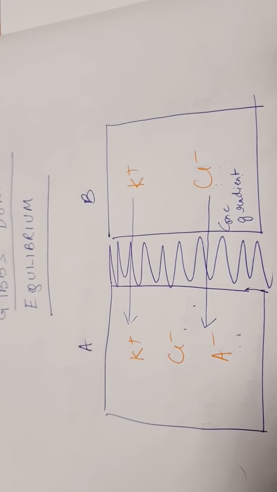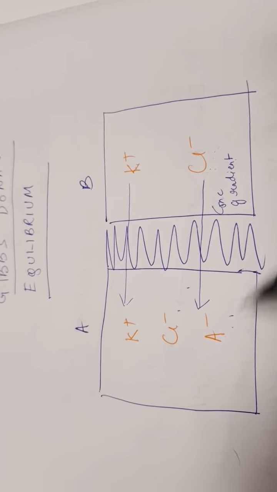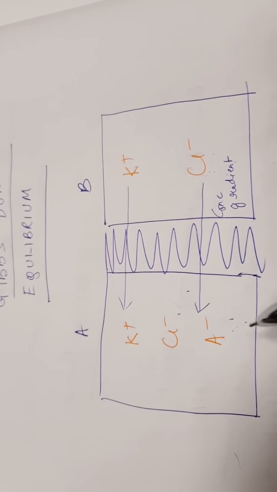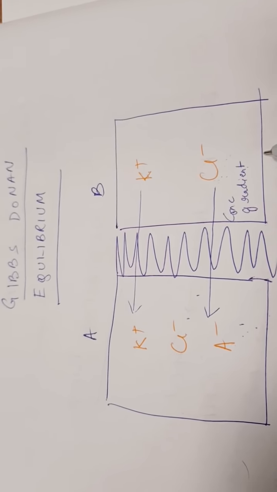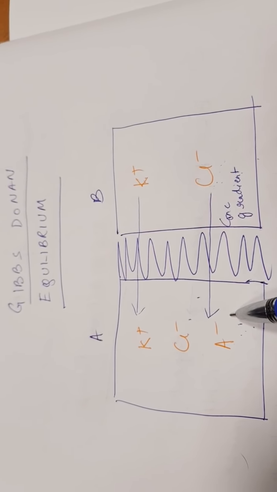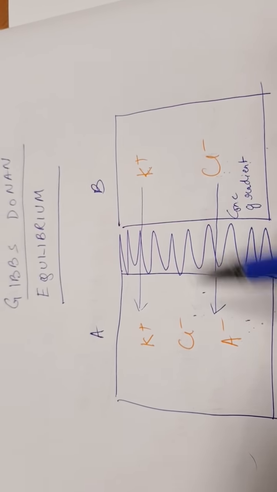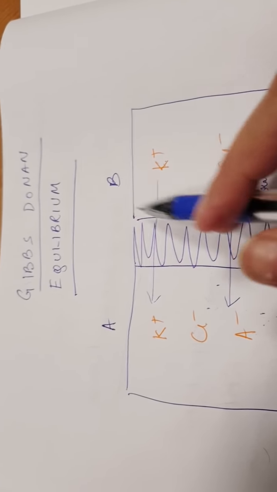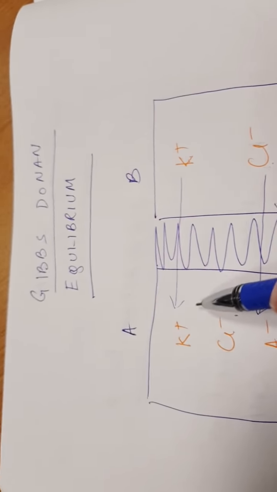Okay, so at the end of this achievement of equilibrium, we find that the number of ions in A is much more than the number of ions in B, because A has some chloride which has moved in from B along the concentration gradient and some potassium which has moved in from B to maintain the electroneutrality.